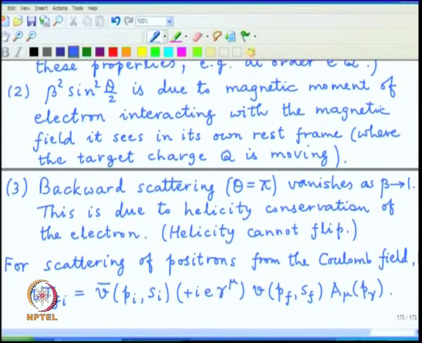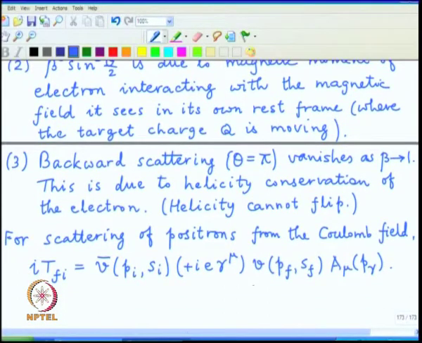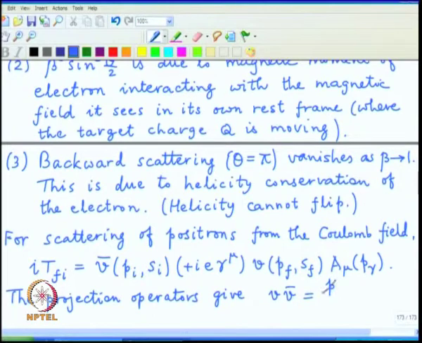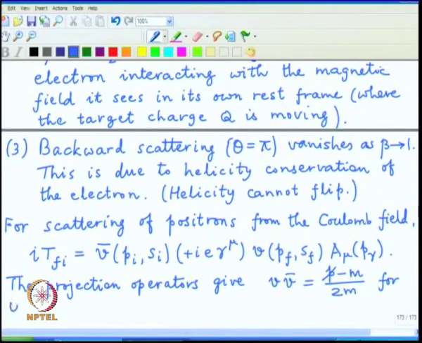So, the same structure appears, the kinematics is the same, and the only thing which will come from these new wave functions is products of the order of v times v bar, and so the projection operators give this v times v bar equal to (p slash minus m) by 2 m, and this is again for unpolarized scattering.